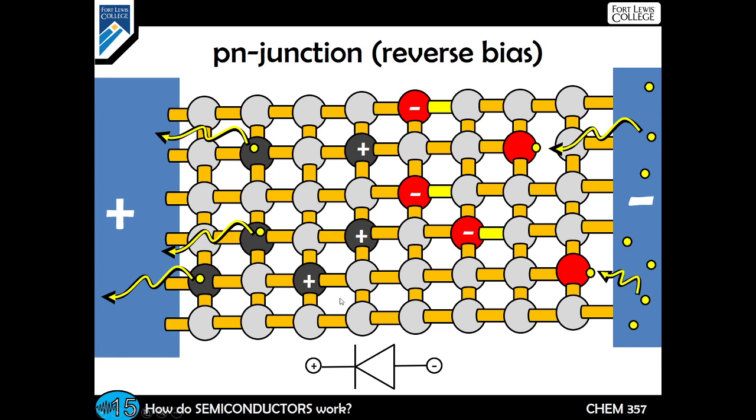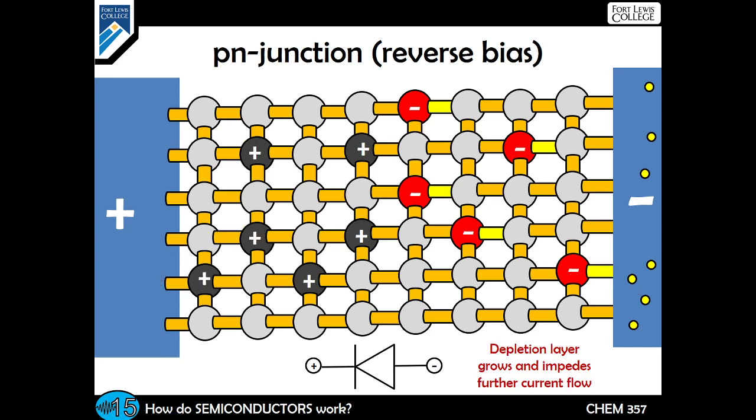And so your depletion region here, where you have your combined holes and electrons, is increased. You get a larger range of area that has a positive and negative charge. So you're increasing your charges here at the interface.